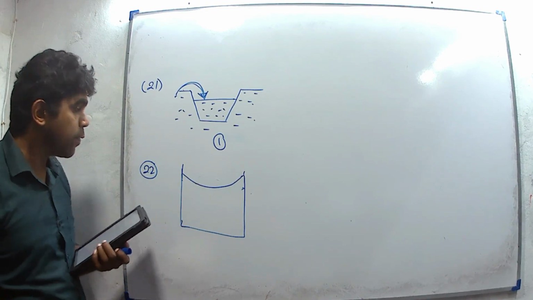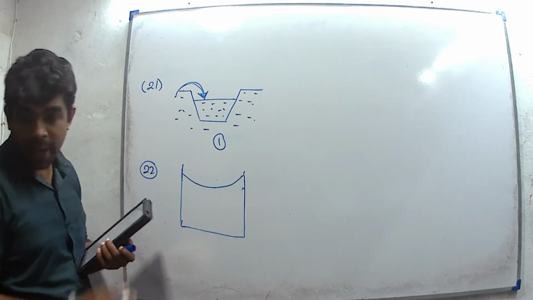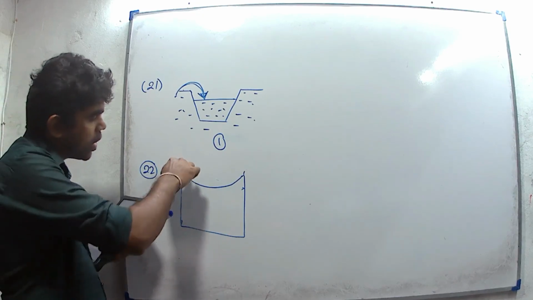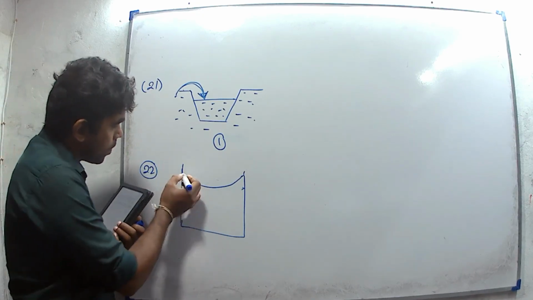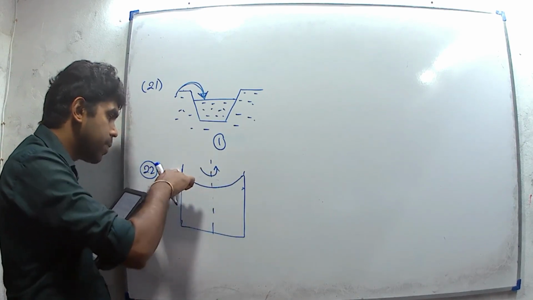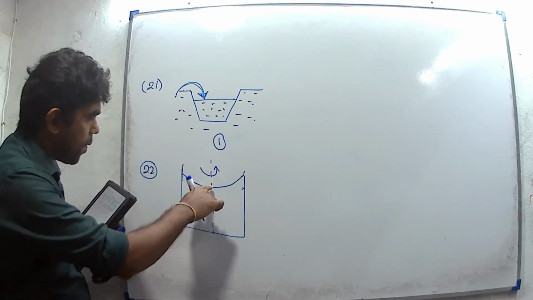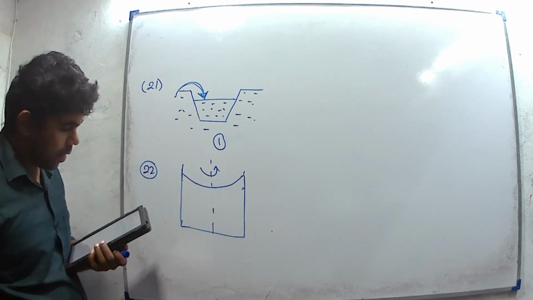There is a centripetal force. Centripetal force should be given by the pressure difference. Then the water level at the edge should be higher than the water level at the center.